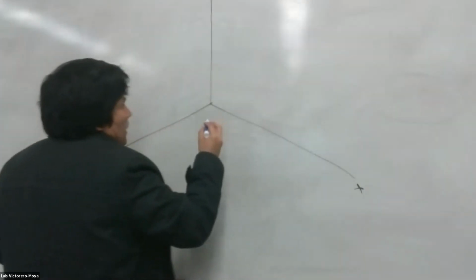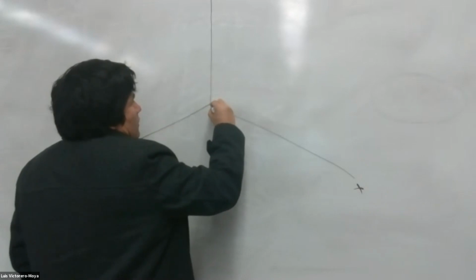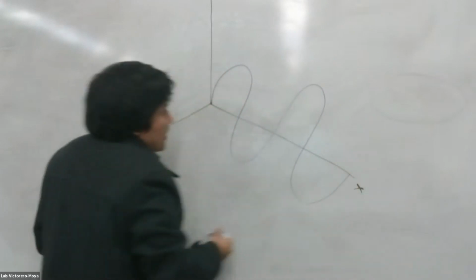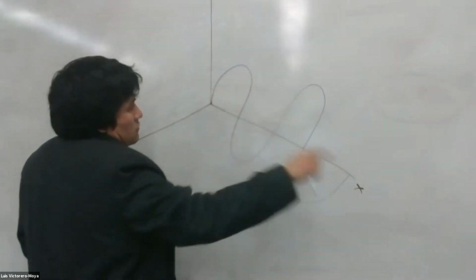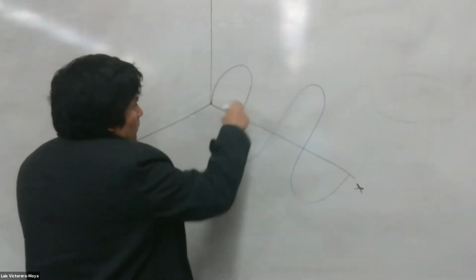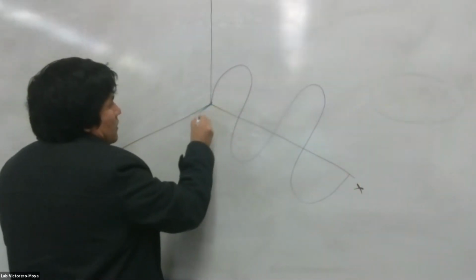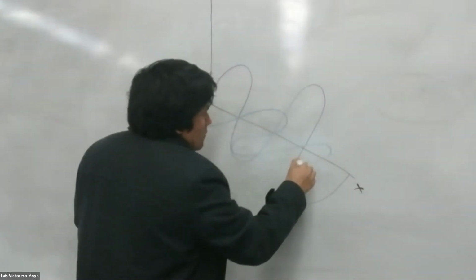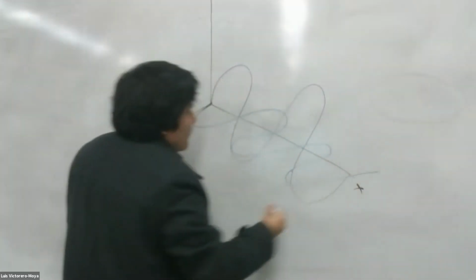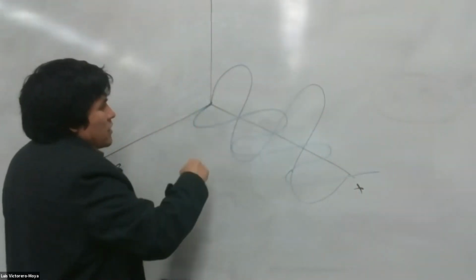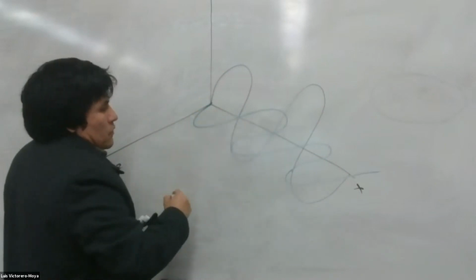And he realized that light is a wave that has a component of electric field, but also has a component perpendicular to this of magnetic field, with the same period, same wavelength, with a different amplitude.